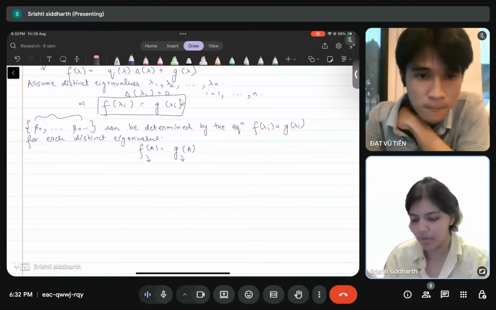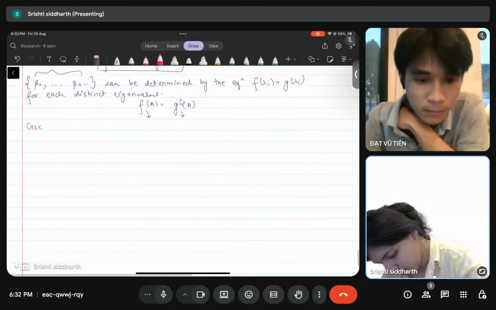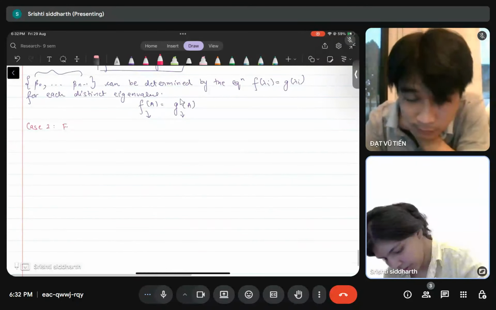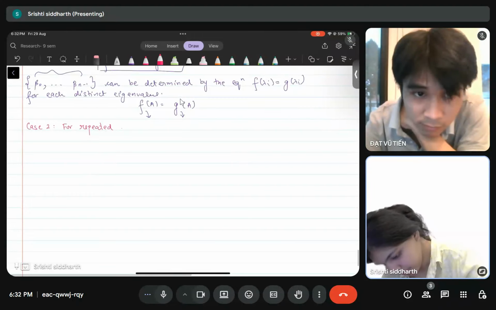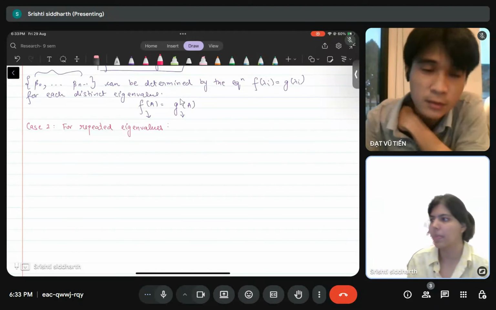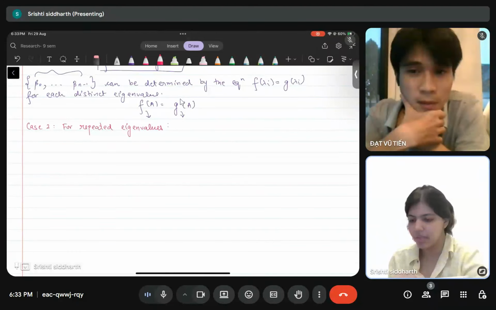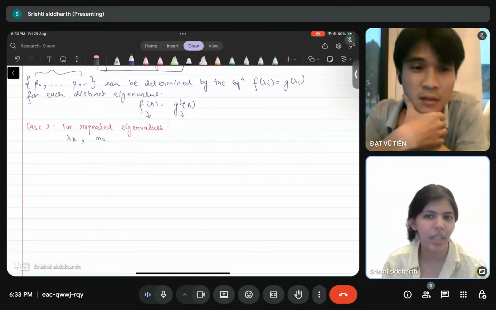And then we also have a case for repeated eigenvalues. For repeated eigenvalues, we use the derivative. Let's say some lambda k is repeating mk times.